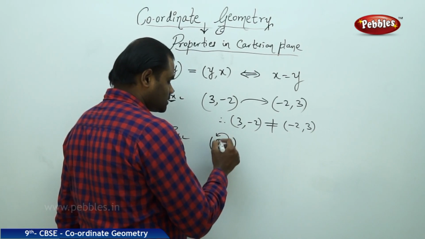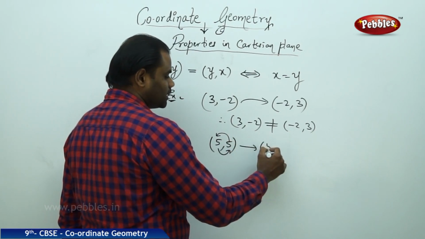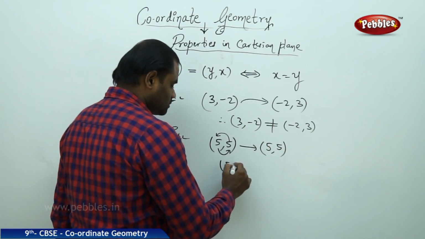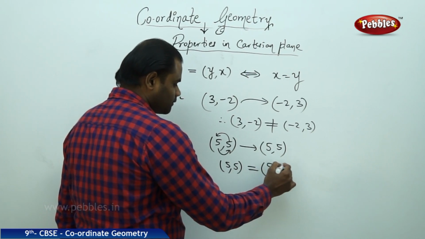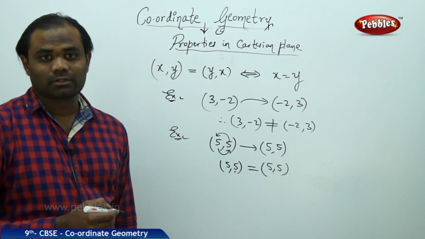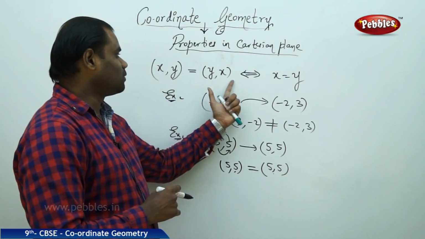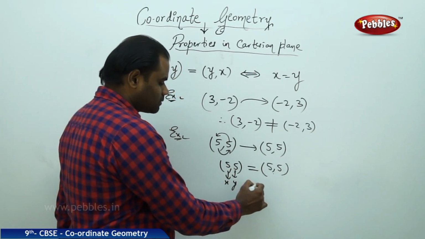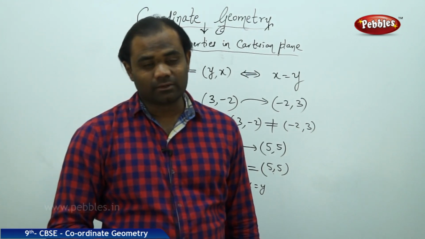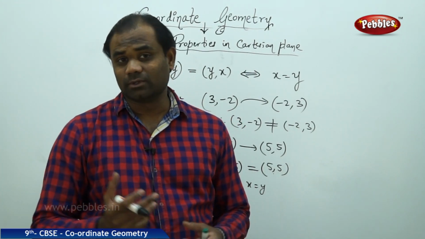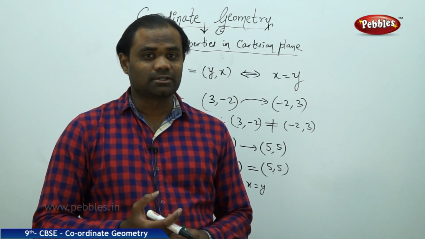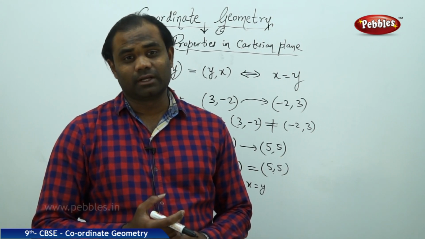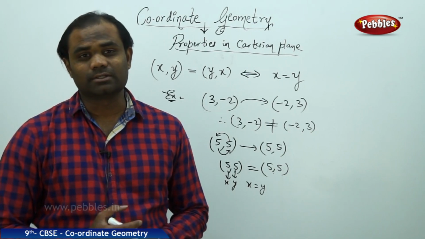When I reverse the x and y coordinate, I get again (5, 5). Therefore, in this case, the coordinates and the reversed coordinates are both equal. Therefore, in order that (x, y) must be equal to (y, x), I should have the condition that x and y must be the same. (x, y) equals (y, x) only when x is equal to y. If x is not equal to y, (x, y) is not equal to (y, x). This is how we understand the properties connecting the Cartesian plane.